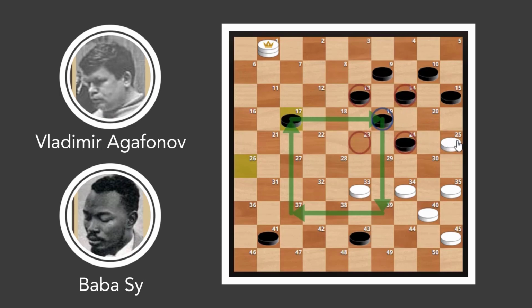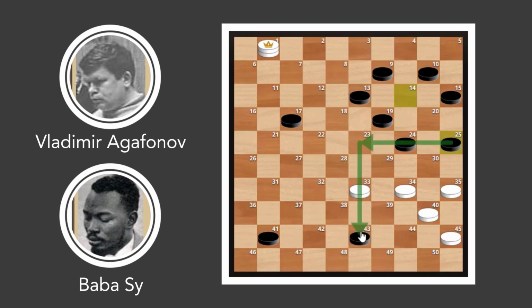So Babasai played 25-20. And then if you draw the square, you see that this position here is surrounded by 30-20. So we can transport this piece here to square 44.